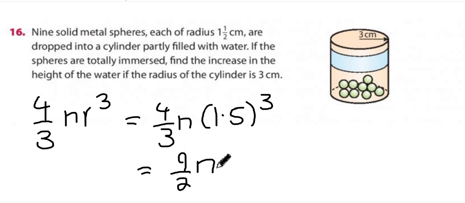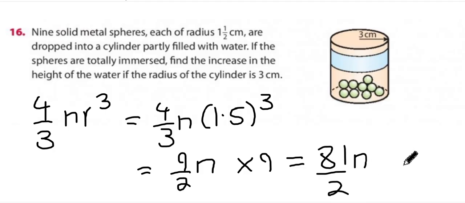Is anybody else happy with 9 over 2 pi? Okay. How many of them is there? So do you want to multiply the answer by 9 then? 81 pi over 2. Would you agree that that's all 9 balls that are submersed? Agreed?